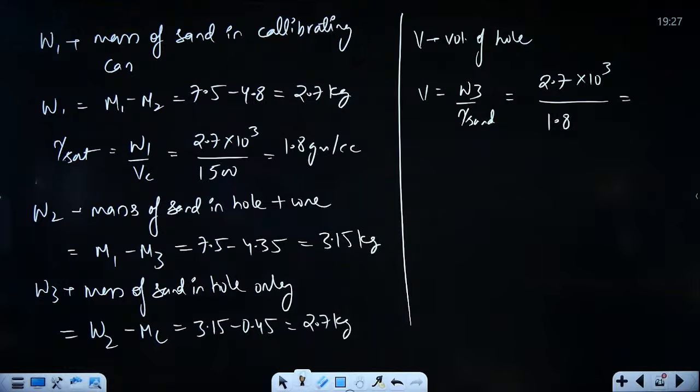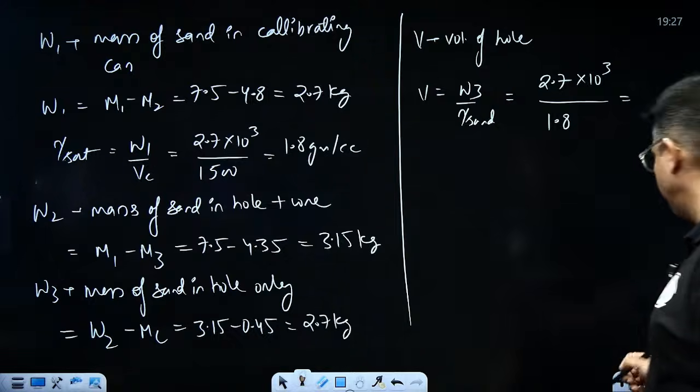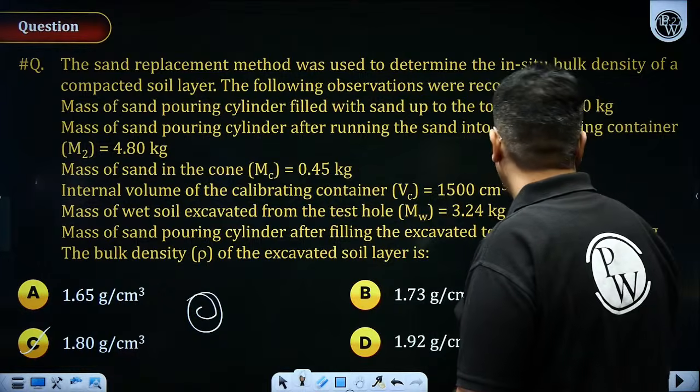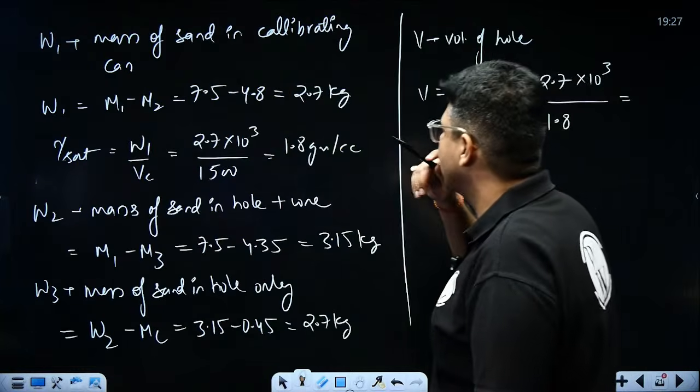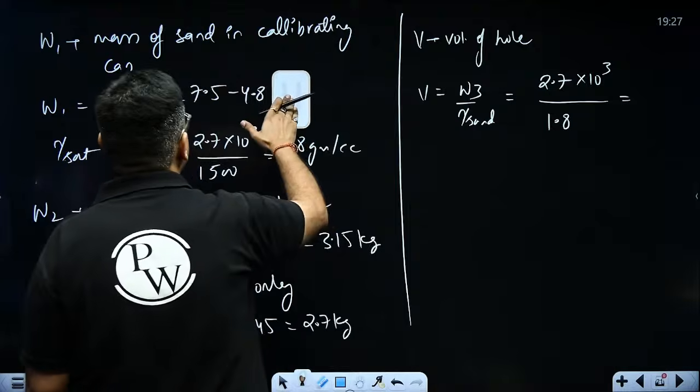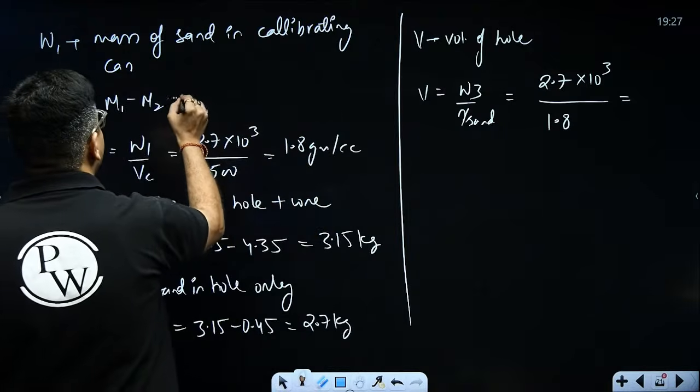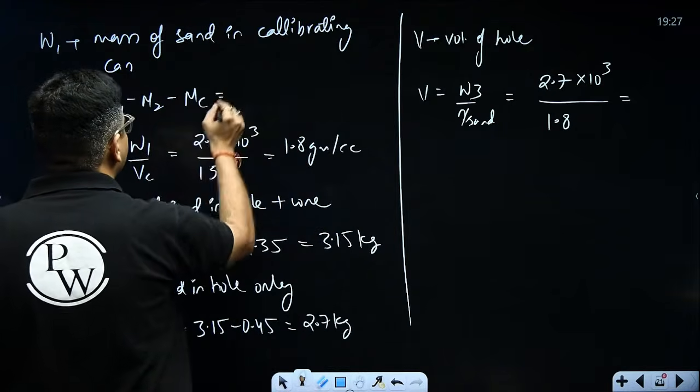Gamma sand was not coming out properly. Mass of sand in calibrating can, here you should subtract the mass of sand in cone also.